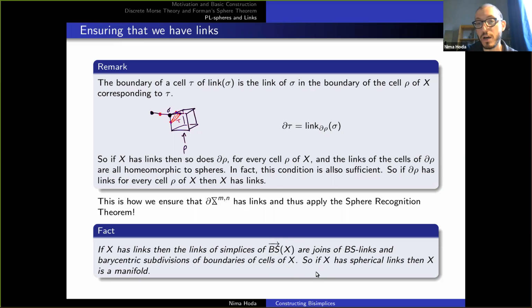And so in that case, BS of X is a topological manifold. BS of X is homeomorphic to X, so X is a topological manifold.